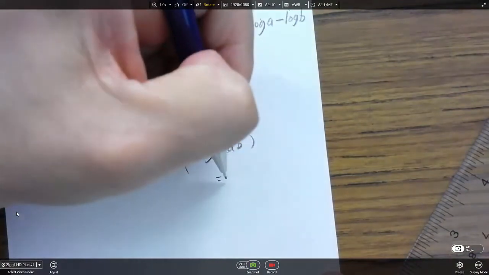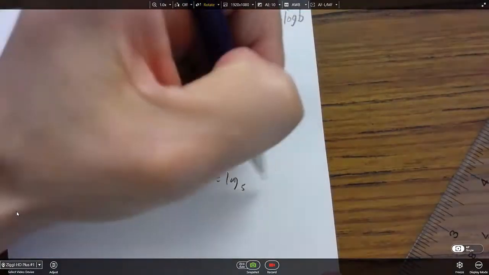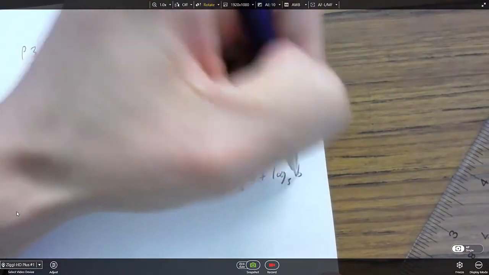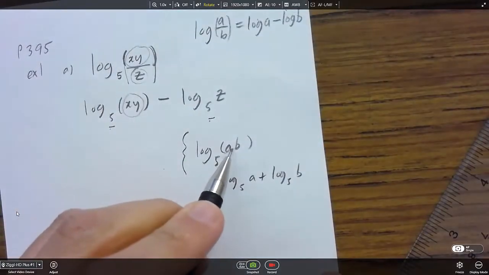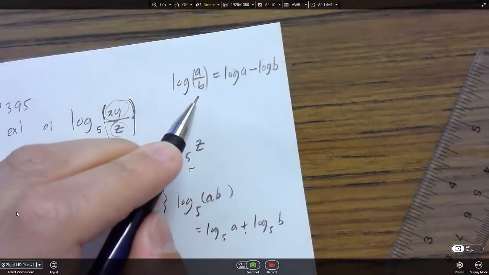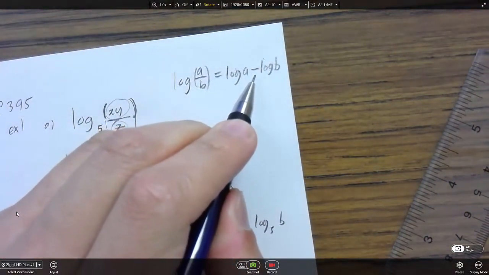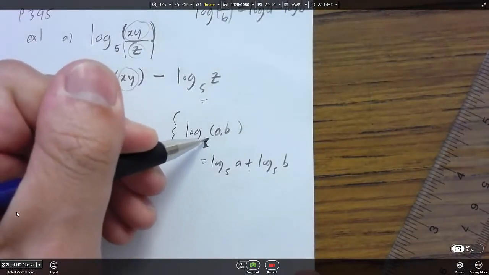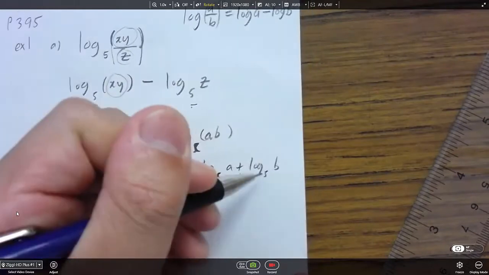It's going to be equal to log that same base, a plus log base 5 b. So when you have multiplication for the logs, it gets broken down to a plus sign. Whereas if you have division, it gets broken down into a minus sign there.